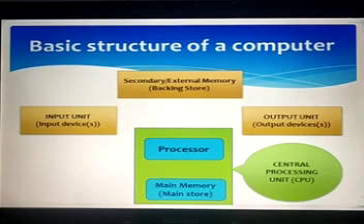Since the computer follows the input, process, output cycle, the first stage is performed in the computer by the input unit. It means it takes input from the input unit. The second stage is performed by its central processing unit.